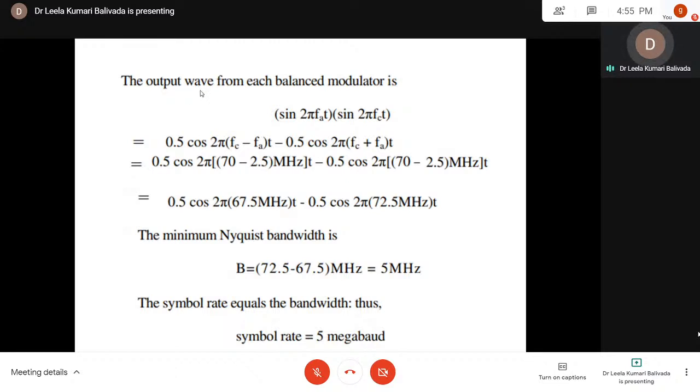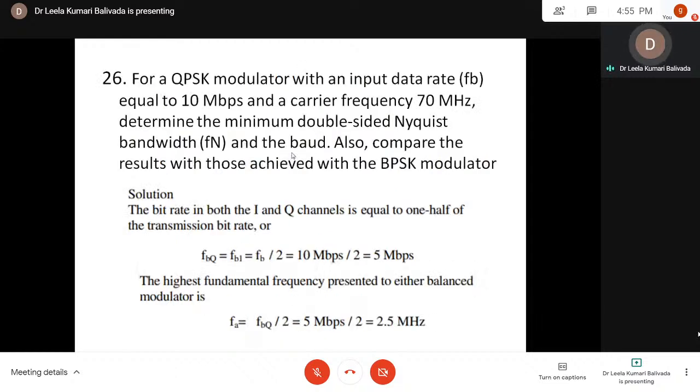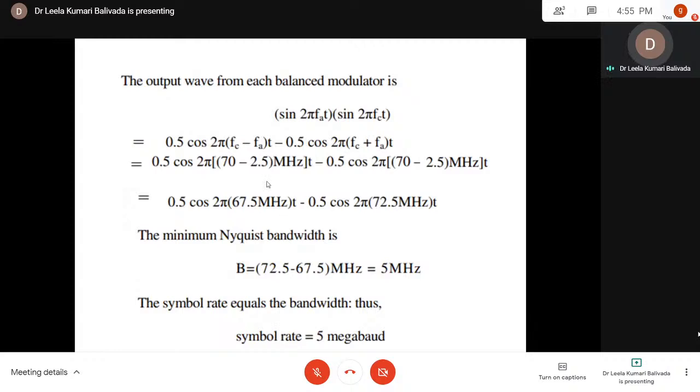Therefore the output waveform of the balanced modulator is the product of sin 2 pi FAT and sin 2 pi FCT, which can be represented as cos (A minus B) minus cos (A plus B). So 0.5 cos 2 pi (FC minus FA) T minus 0.5 cos 2 pi (FC plus FA) T. FC, the carrier frequency, was given as 70 megahertz and FA, just calculated, is 2.5 megahertz.